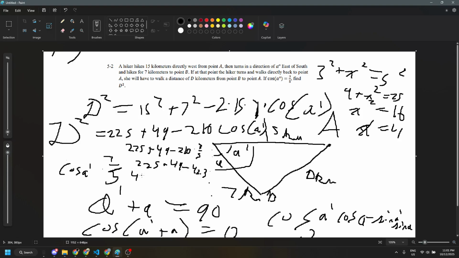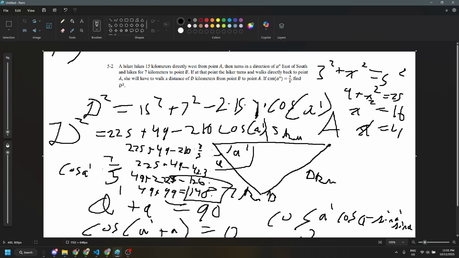So 49 plus 225 minus 126. Okay, so this minus 126 would be 99. 49 plus 99. Minus 100 would be 125. Minus 26, yeah, is equal to 148 would be my answer.